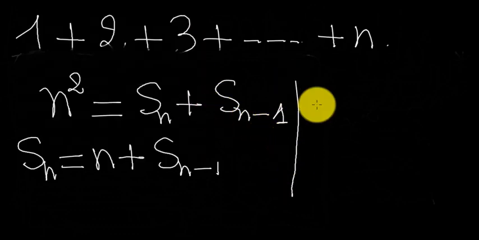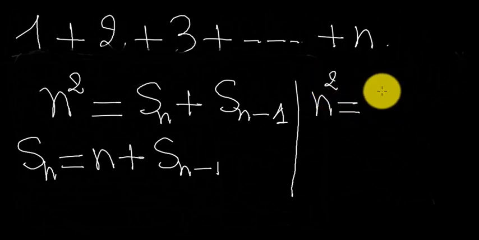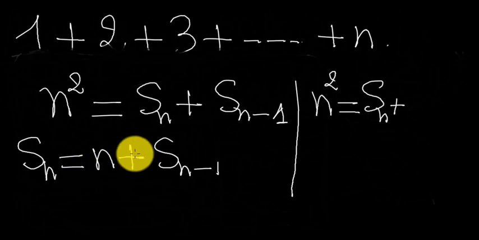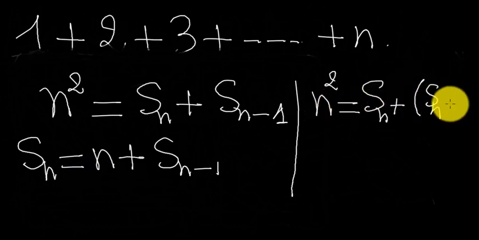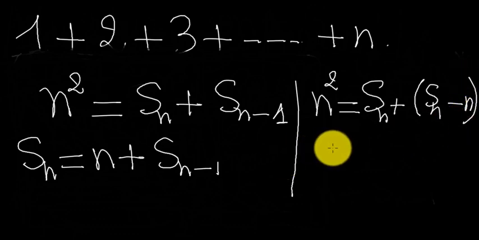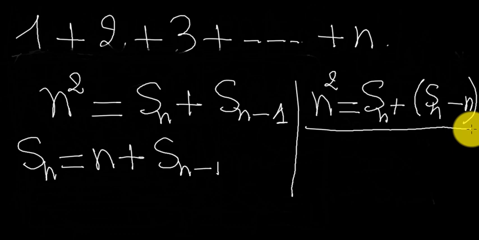Now we can rewrite this as n squared equals Sn plus Sn minus n.